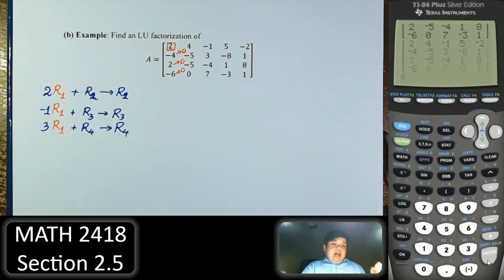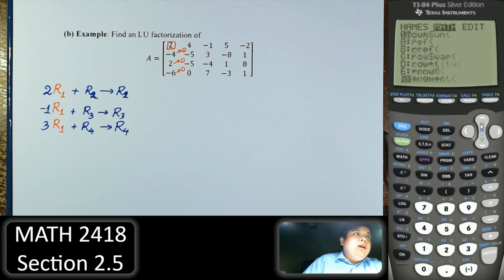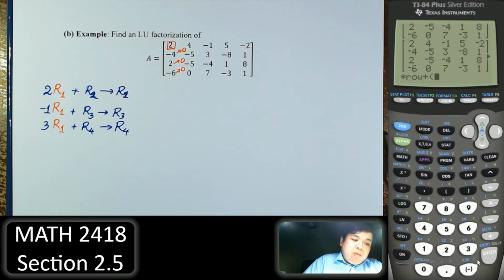Right, just hit enter. Now we do this operation on the calculator. Right, so second matrix. This is the operation. We need to multiply a row by a number and then add. We multiply by 2 into the matrix. So what is the matrix? Remember, we enter the matrix and then we hit enter.